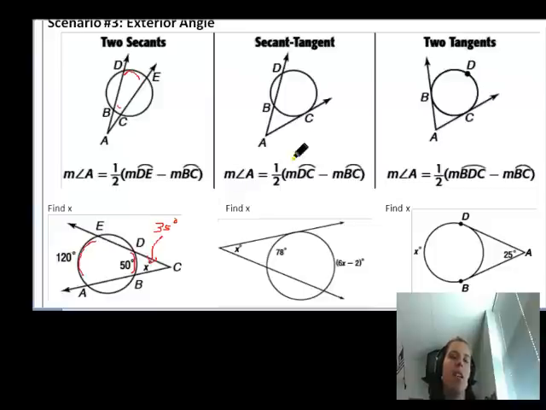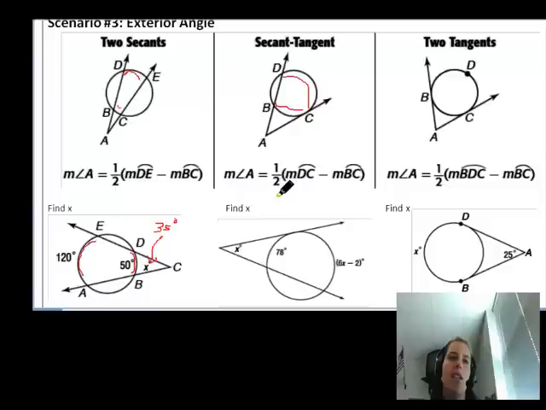Okay. This next one, my arcs that go inside of that, it's got a secant and a tangent, so one of them just barely touches. So arc BC and arc DC are what I'm using. DC is clearly the larger of the 2, and so I'm going to subtract DC minus BC and take half. Now this one actually is working with x, so it's just going to be some algebra, but I can still work it out.